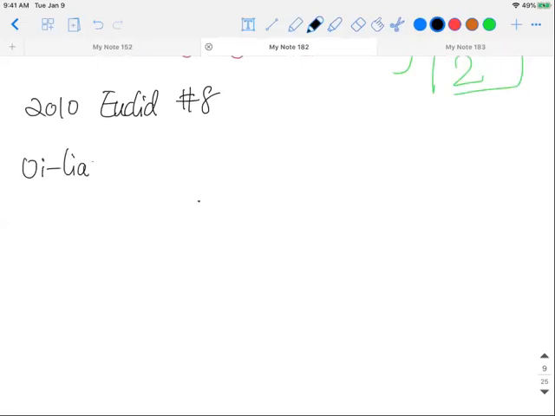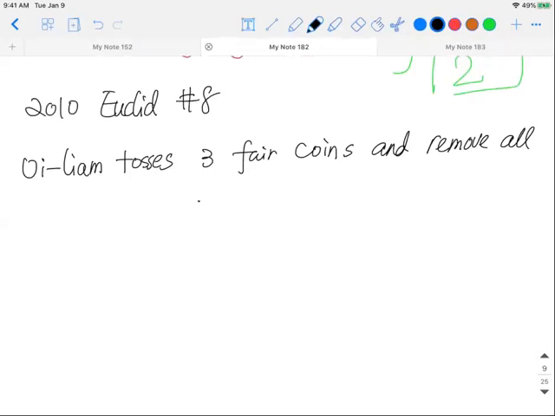Oi Lim tosses 3 fair coins and removes all the coins that come up as heads.